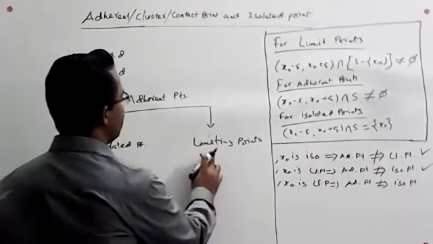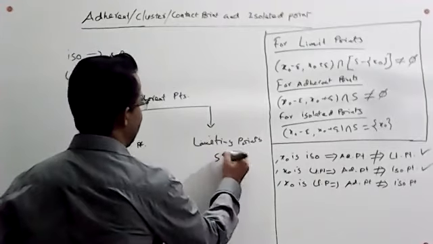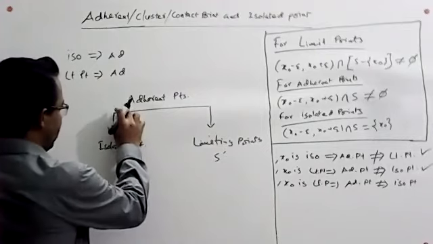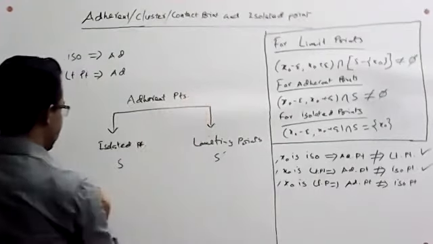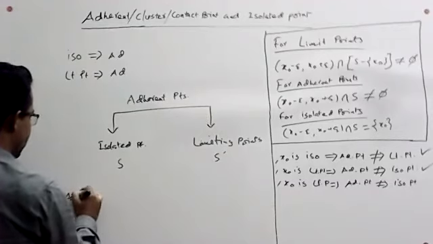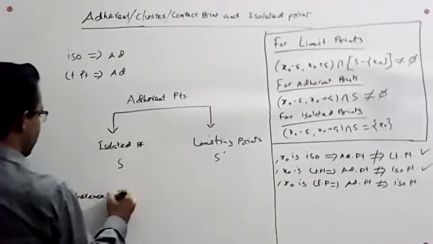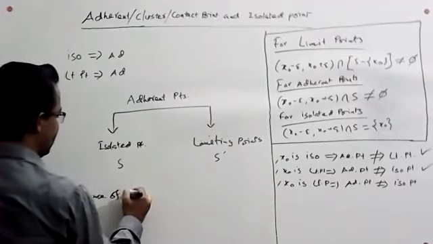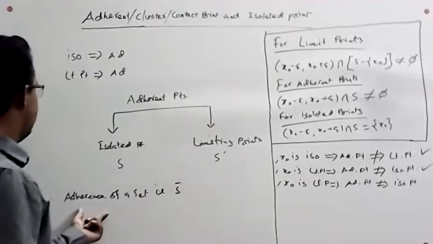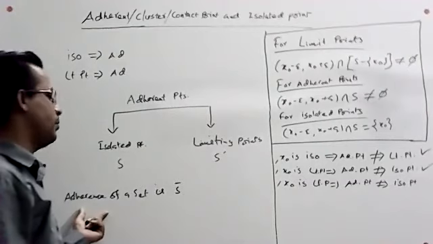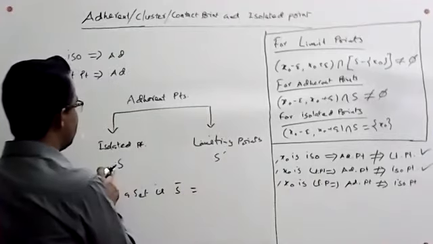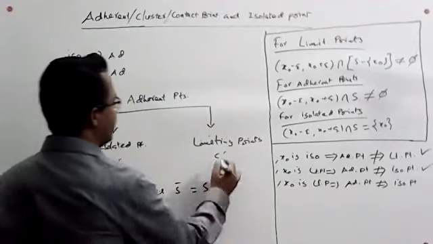And we know that the set of all limiting points can be described by S prime, the derived set of S. So the set of all adherent points of a set, that is, the closure of S, is denoted by S bar, which is the combination of the set of isolated points and the set of limiting points.